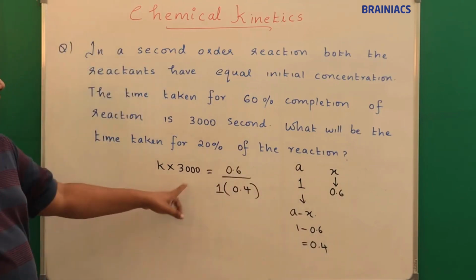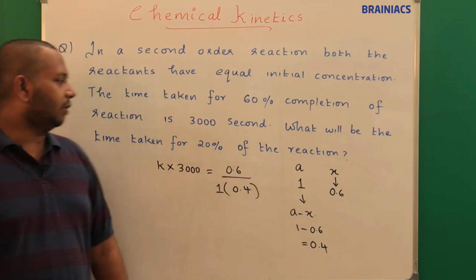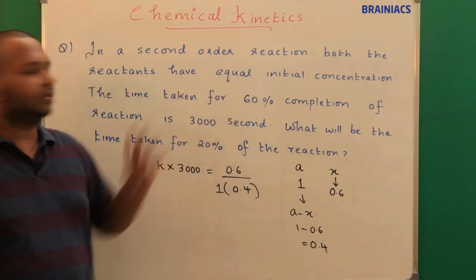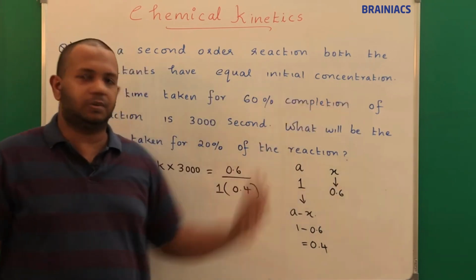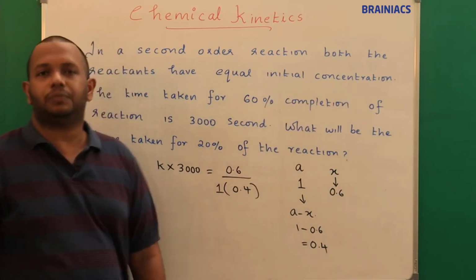K into T is X by A into A minus X, that is what I have applied. I have assumed initial concentration is unity. So 60% completed means 0.6 product is formed, and the remaining amount of reactant is 1 minus 0.6, that is 0.4.